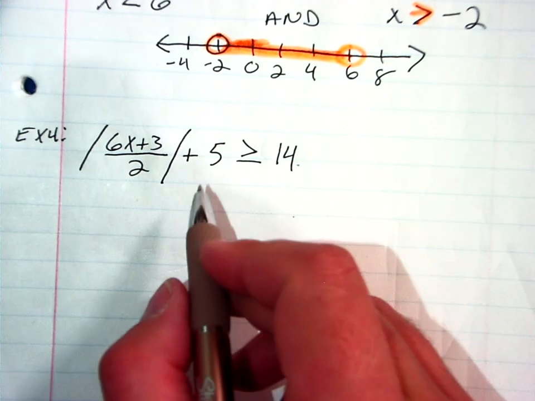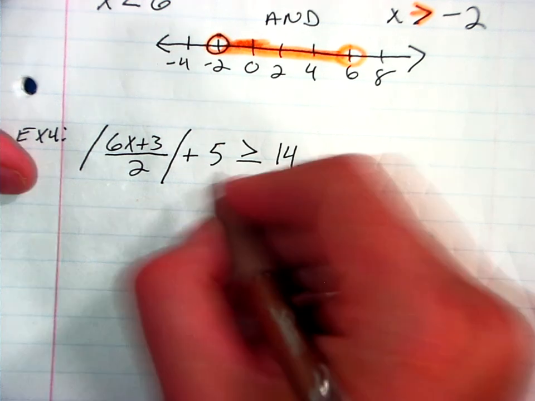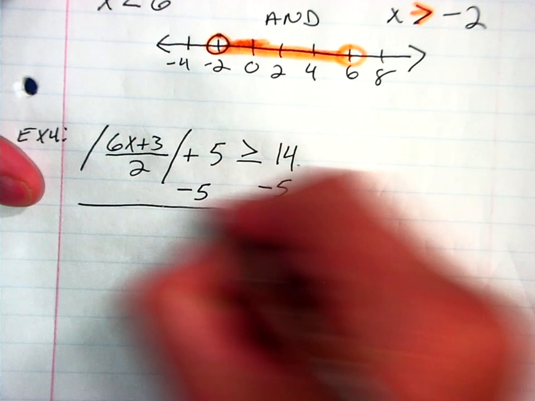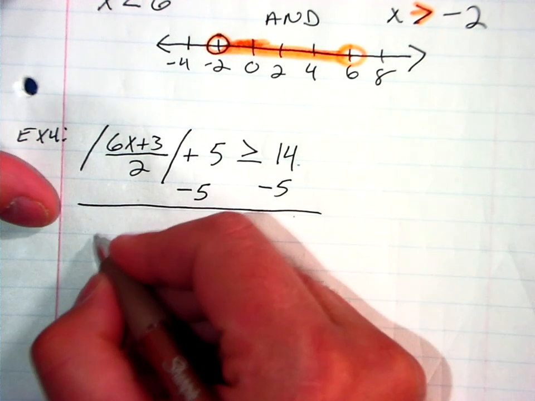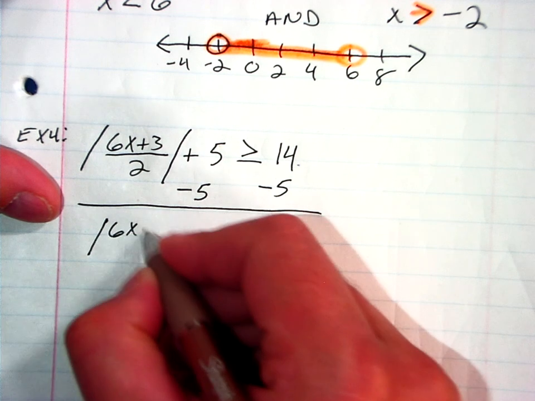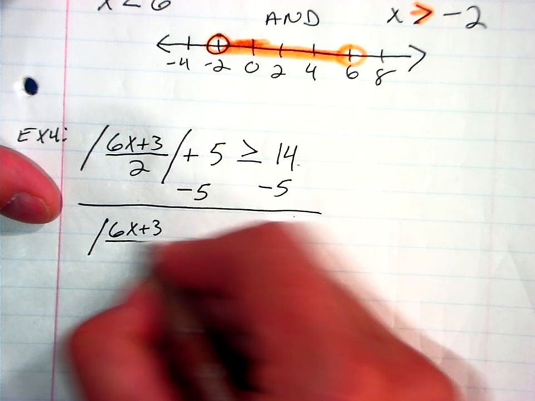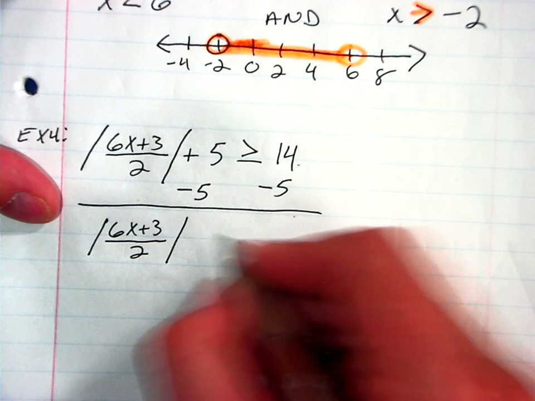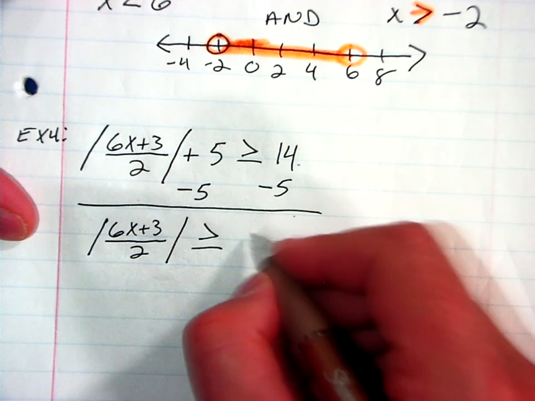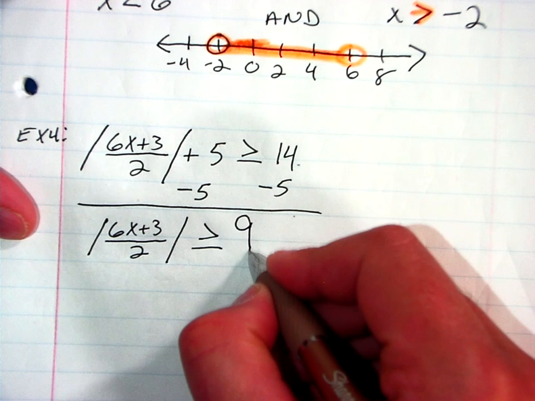How do I get rid of a plus 5? So now we have the absolute value of 6x plus 3 divided by 2 is greater than or equal to 14 minus 5, which is 9.